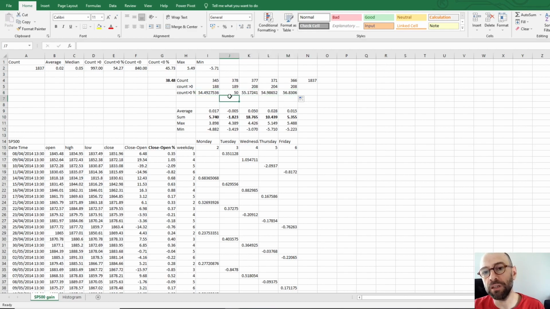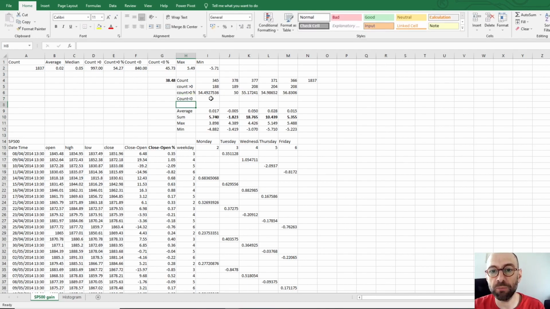And the other thing that immediately strikes out is that although we know that Tuesdays added all together represented a small loss, it's interesting to see that the percentage of up days is not very different compared to other days of the week, which might tell us that this discrepancy in the data might be due to just a very few days. There were just a few Tuesdays that were outliers and brought this value down. But let's not take this conclusion just now, but we have a suspicion.